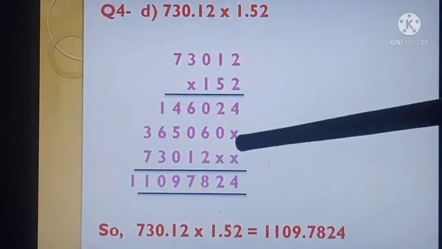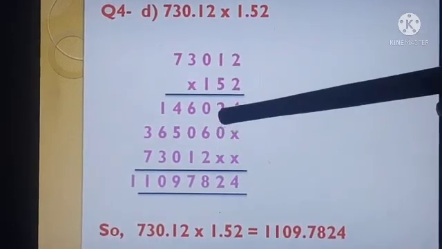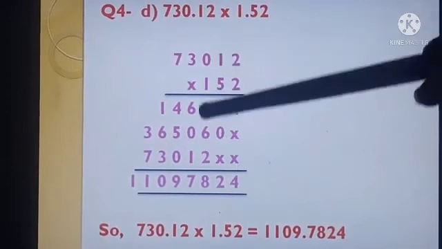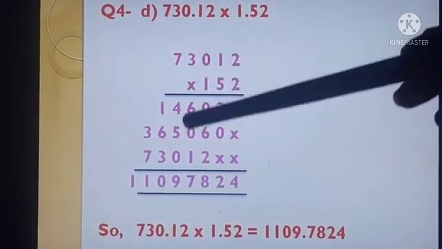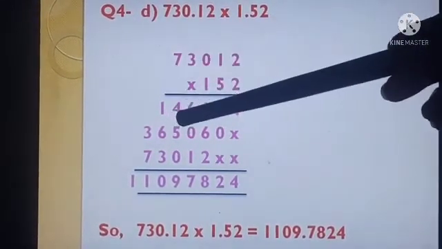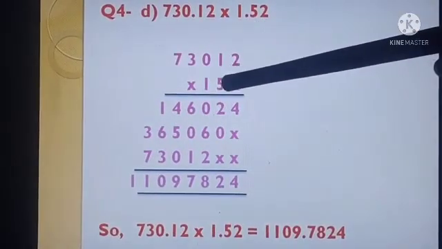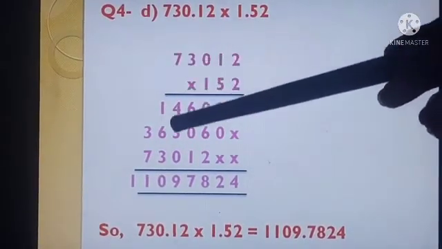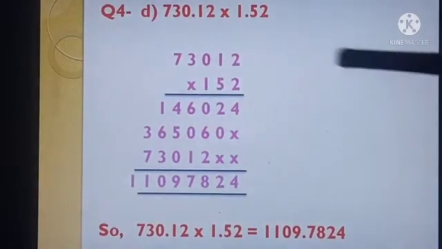Now put a cross sign. 5 2s are 10, 0, 1 carry. 5 1s are 5 plus 1, 6. 5 zeros are 0. 5 3s are 15, 5, 1 carry. 5 7s are 35, 35 plus 1, 36.